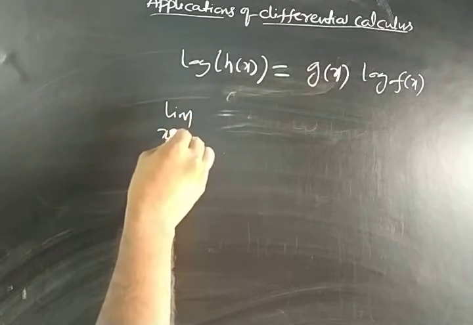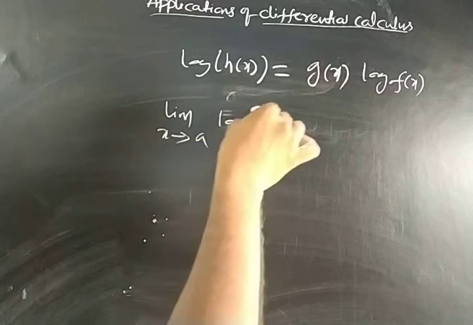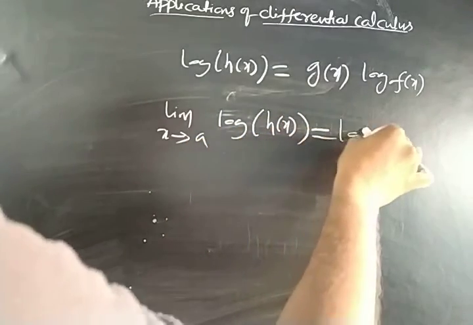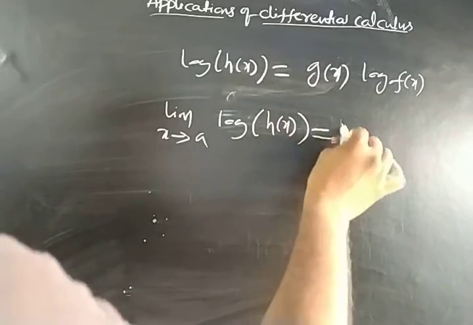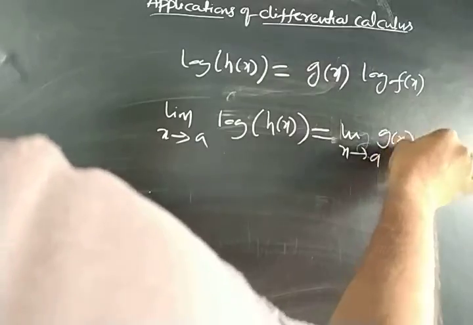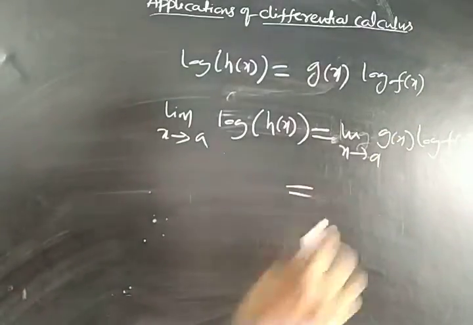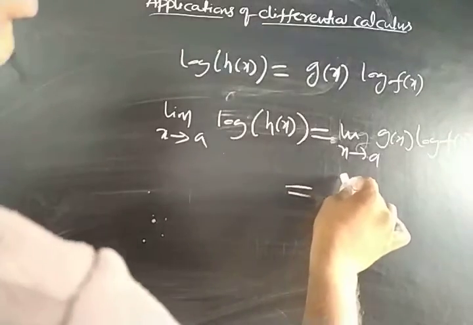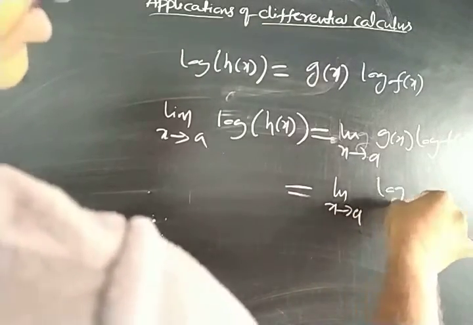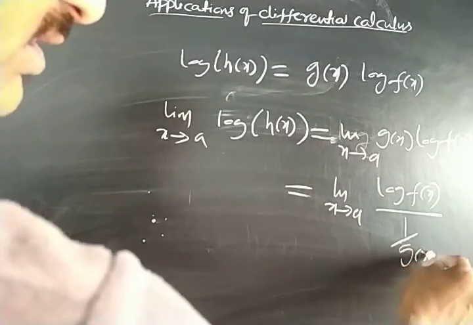Limit as x tends to a of log h of x is equal to limit as x tends to a of g of x into log f of x. So you can write this as limit as x tends to a of log f of x divided by 1 by g of x. We can write like this.